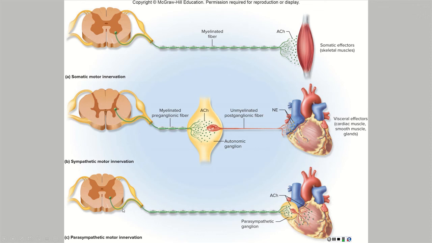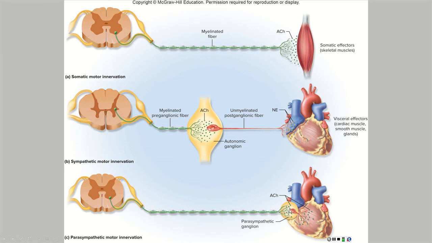If we look down here at the parasympathetic nervous system, the preganglionic neuron has a cell body somewhere in the central nervous system. The ganglion is on the surface of the organ that we're innervating. So the preganglionic neuron is very long. Then we get to the ganglion.